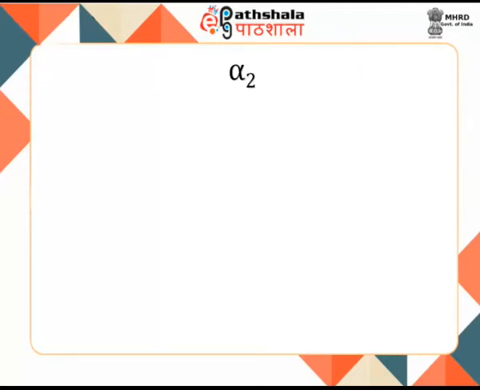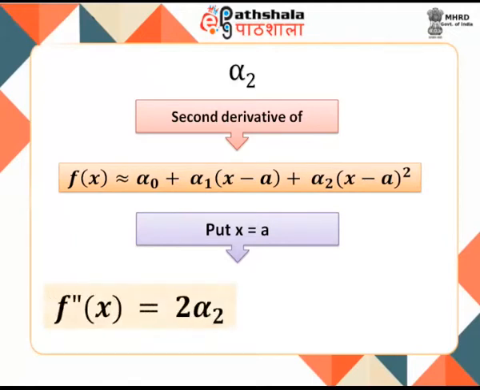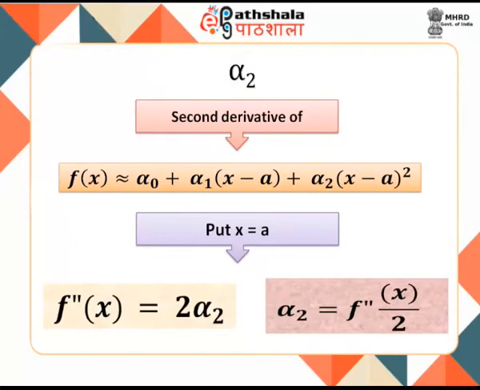To get alpha 2, we obtain the second derivative of the equation and put x equal to a. Thus, f double dash x is equal to 2 alpha 2, or alpha 2 equal to f double dash a by 2.